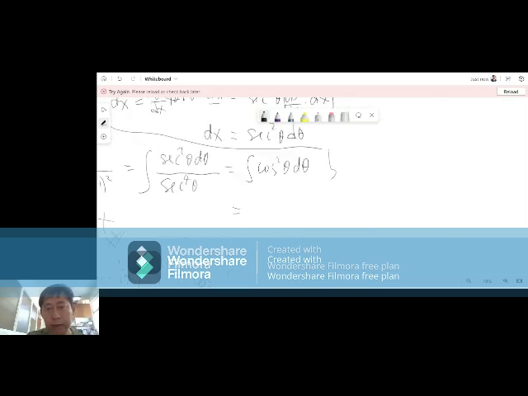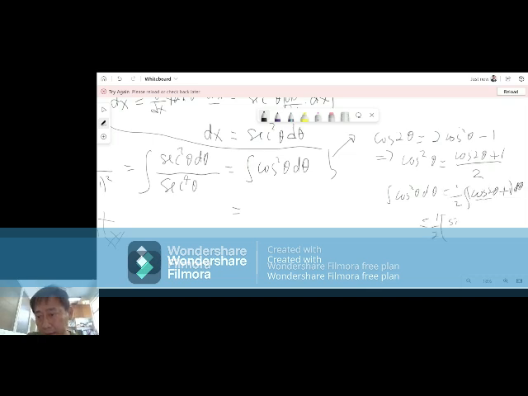To integrate cos squared theta, you just have to recall the identity of cos 2 theta, 2 cos squared theta minus 1. The integration of cos squared theta d theta amounts to half of sine 2 theta divided by 2 plus theta, and you have a constant.